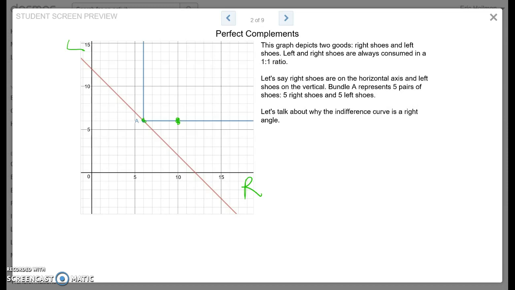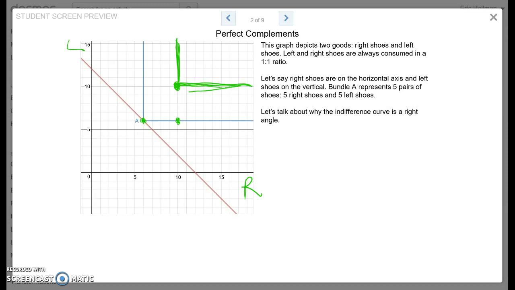If you're going to make me better off, you're going to have to give me pairs of right and left shoes. If you give me 4 more right shoes and 4 more left shoes, that would put me at this point, and now I would be better off. I would reach this indifference curve up here.